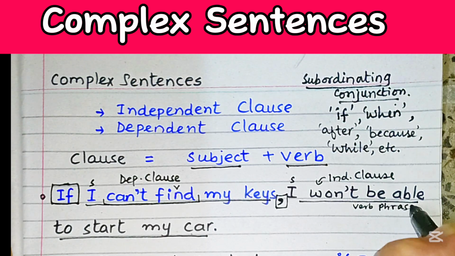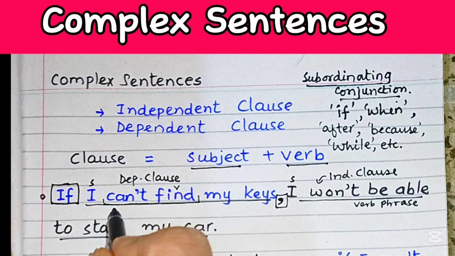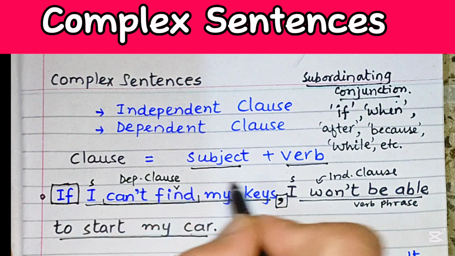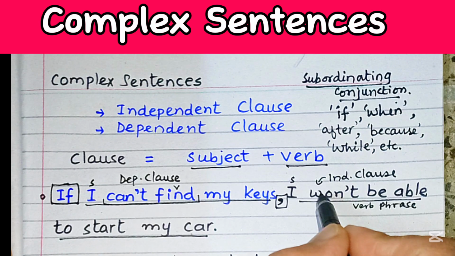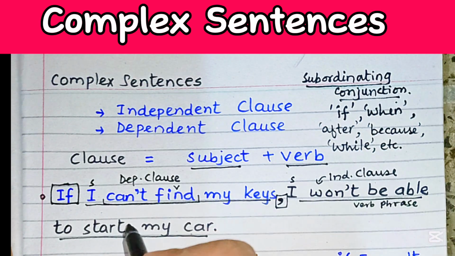So the condition of having a subject and a verb in a clause is fulfilled. Both these clauses, dependent and independent, make a sentence that is called a complex sentence.